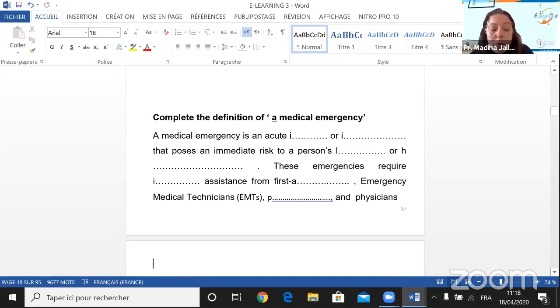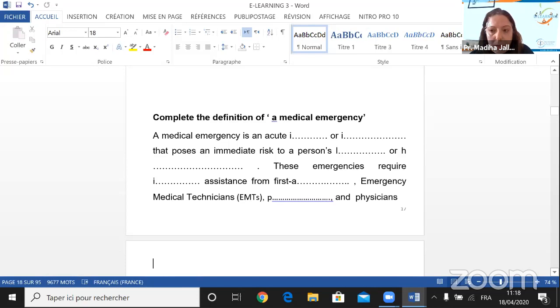Maybe who is more qualified than the first aider is the EMT. EMT is short for emergency medical technician. And P, think of P here, who can provide paramedics, good, the paramedics. And who is more qualified, the paramedics or the EMTs?